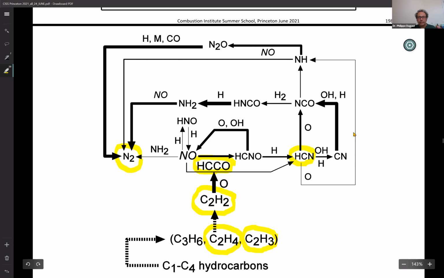So you see that things are relatively simple, and NH here reacts with NO and produces N2. And you can have interaction of N2O with H atoms, which can form N2 also.